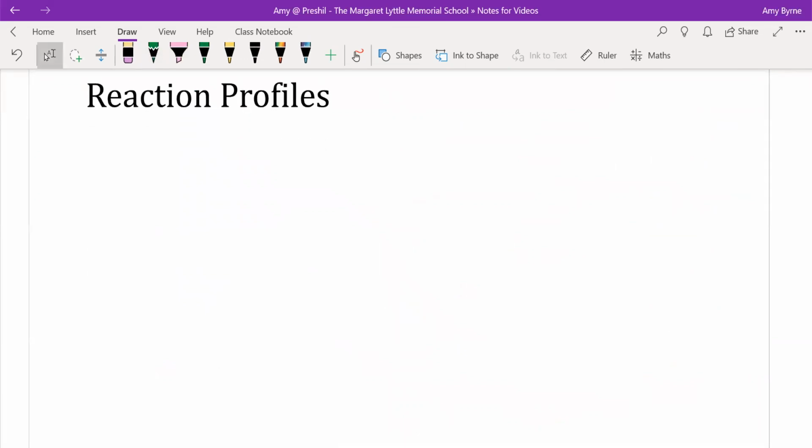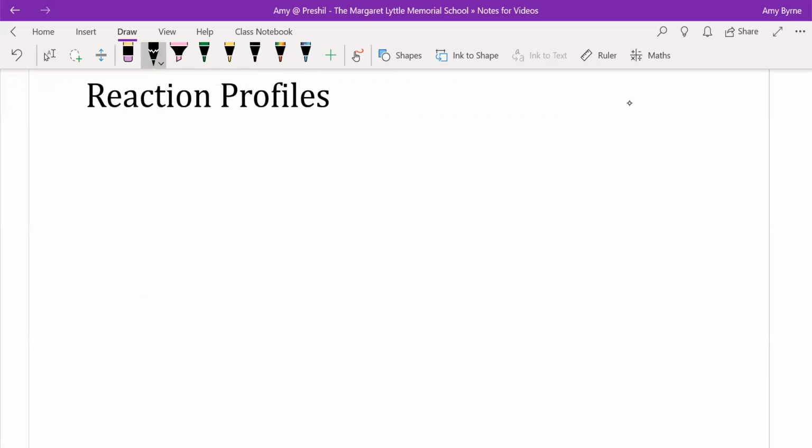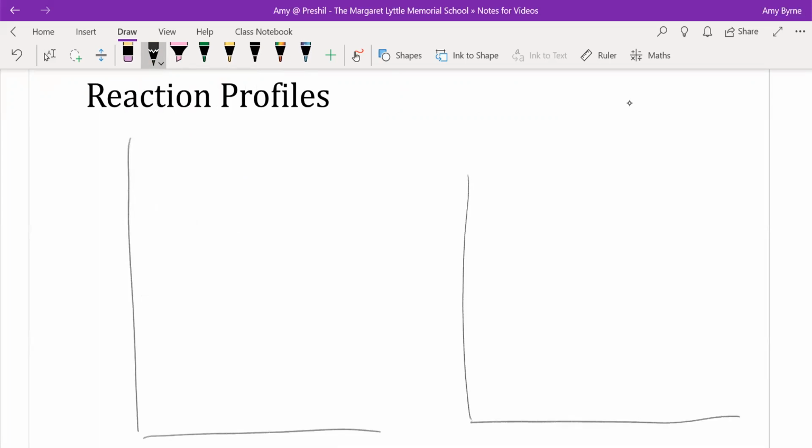Now, reaction profiles, we've talked about them with the energetics topic, but let's quickly just draw up an endo and an exo. So in an endothermic reaction, my reactants have low energy and my products have high energy. And in an exothermic, it's the other way around.